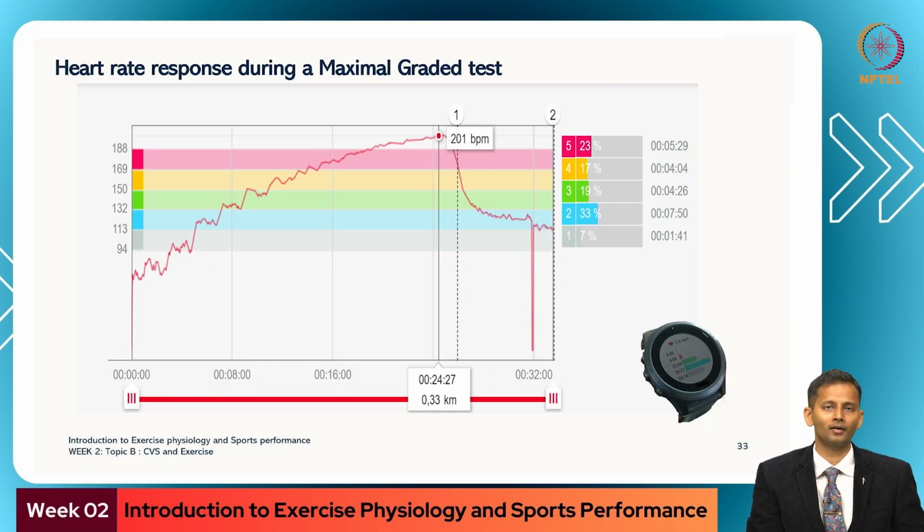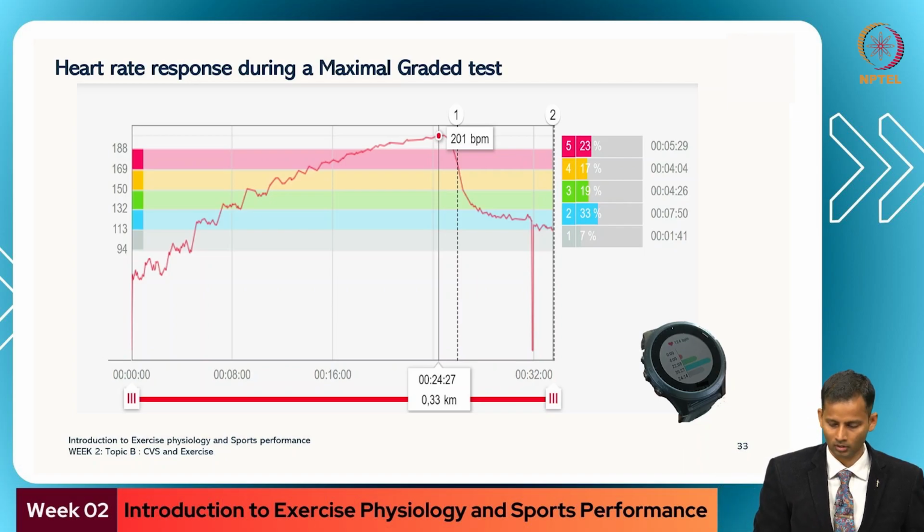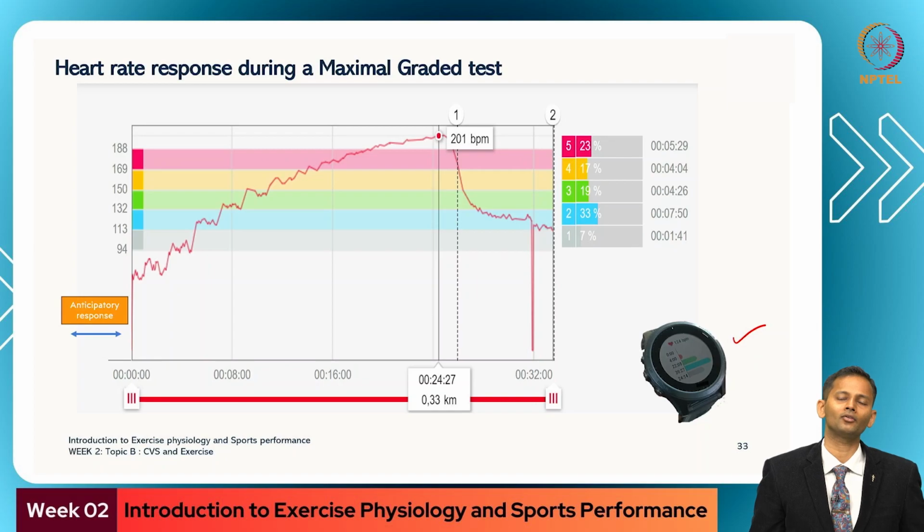So what is the heart rate response in this? This is the heart rate response of an athlete whom I had measured in our institute using a smartwatch or a heart rate monitor. You see here, before the start of the event, the individual knows that he is going to run, right?